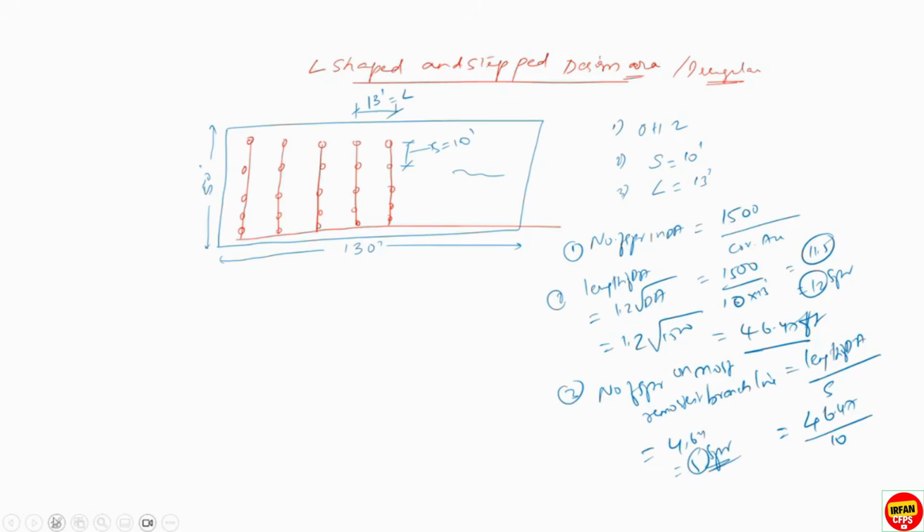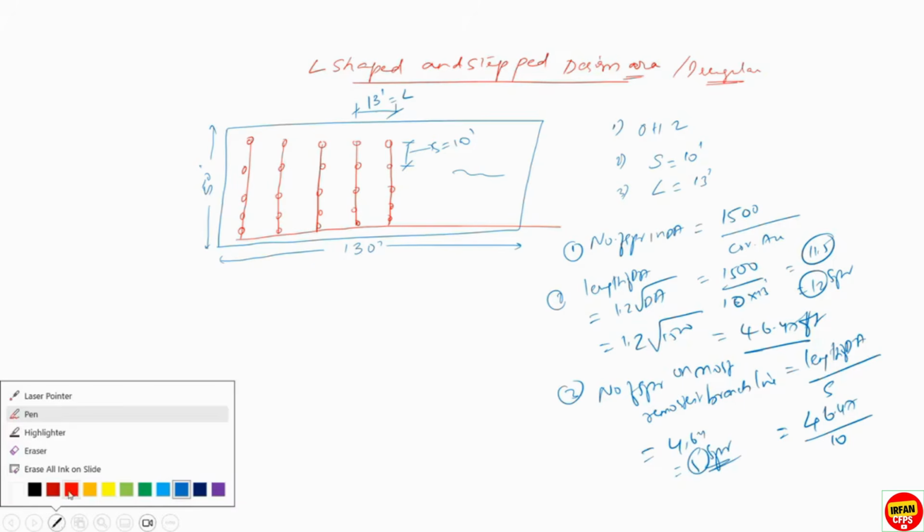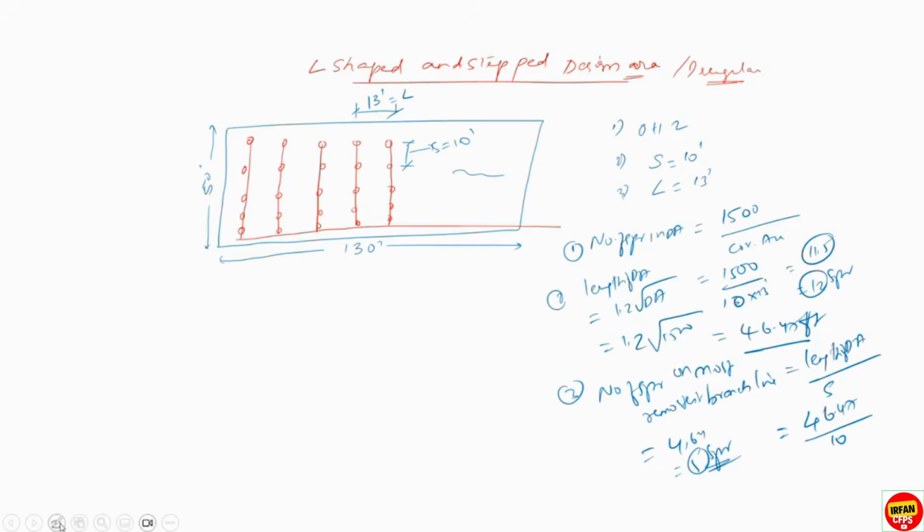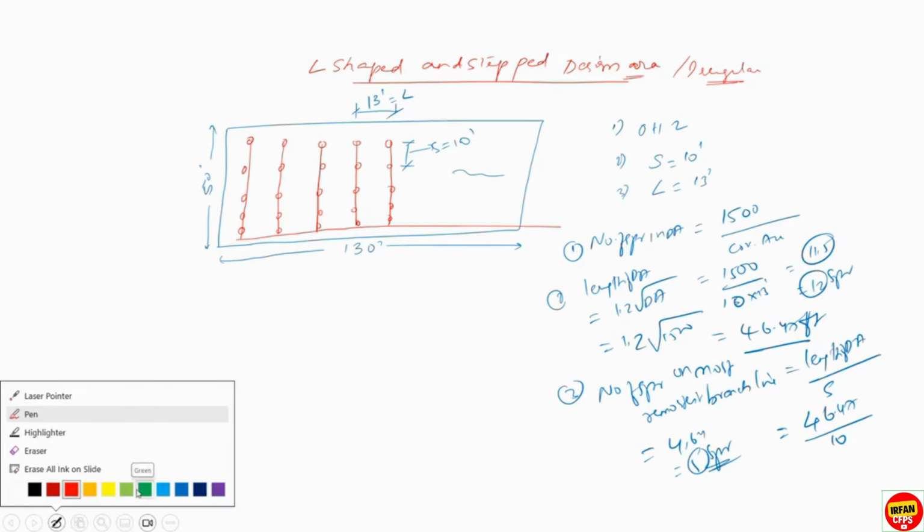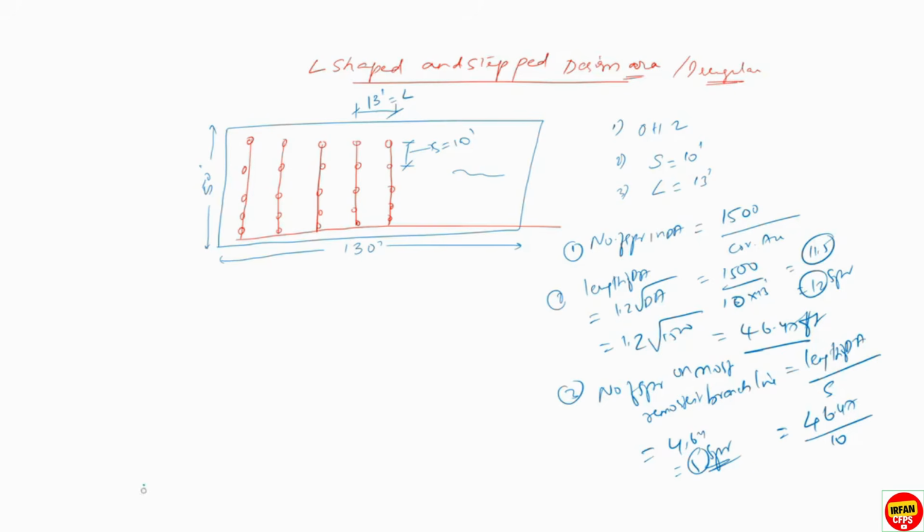Now, if you look at this design, we considered 5 sprinklers on the branch lines. 1, 2, 3, 4, 5. We consider 5 sprinklers. So our length will be 46.47, and on the branch line we need to consider 5 sprinklers, right?